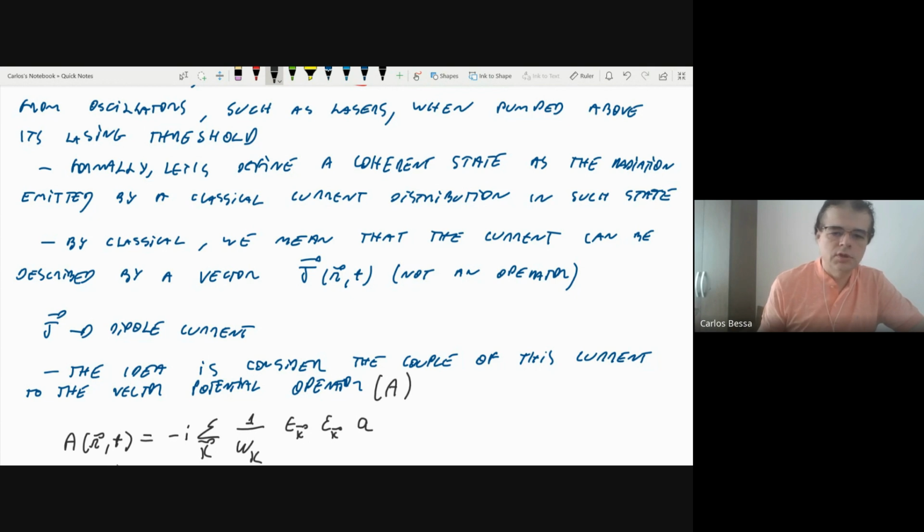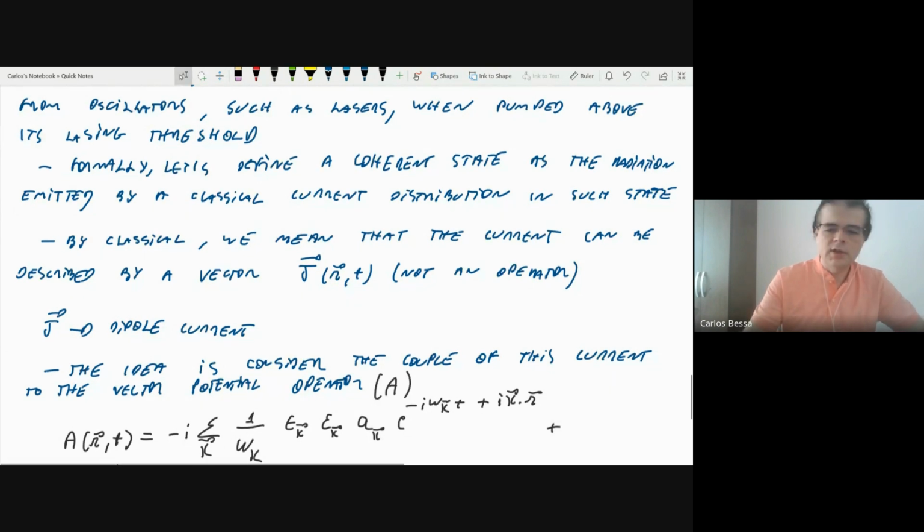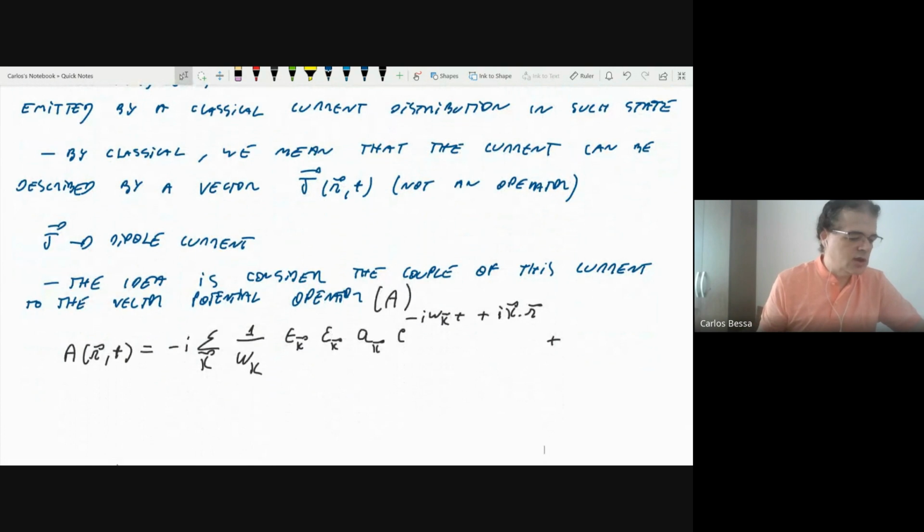Instead of the amplitudes, this is like the oscillator, this is the annihilation operator, and exponential minus i omega K t plus i K R, plus the harmonic conjugate. But I will write here the other part because it will be easy to see this in the future. That's the harmonic conjugate of this.